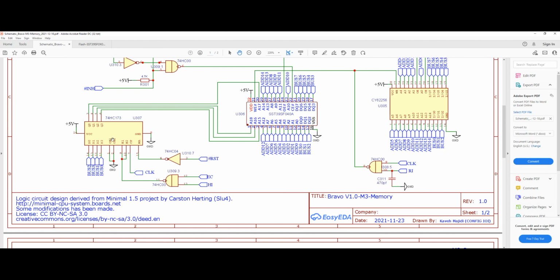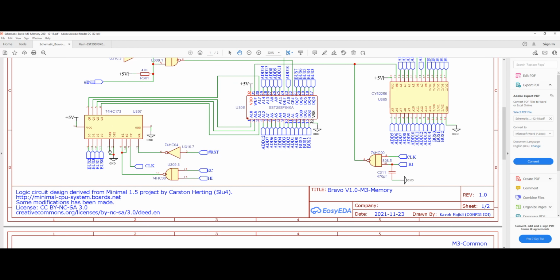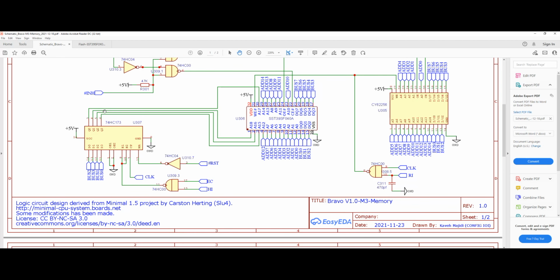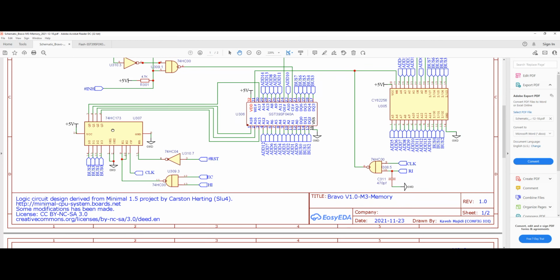We are not controlling the output side of this chip using a signal. We are permanently outputting whatever is on the chip onto the output lines, and that is fine. Whenever we read a value from the bus into the chip, it will immediately show up on the output side. There is no need to control the output enable.